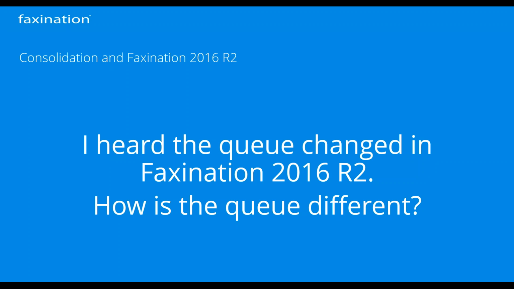Another important asset of the 2016 release, and especially the R2 release, is the queue changes. A lot of our customers heard about it, but what is exactly different? Can you explain that? In previous versions, the queue consisted of 3 files: admin, whole, and q.q. Each one had a different job to do.